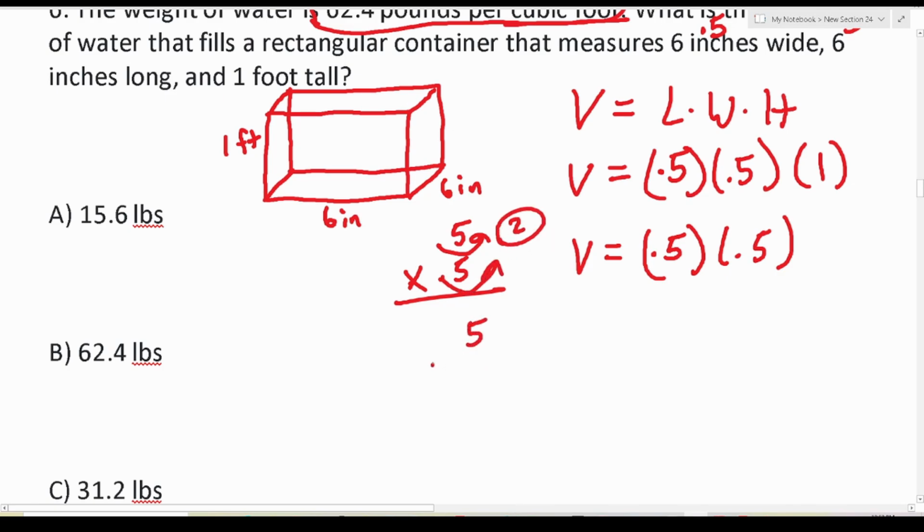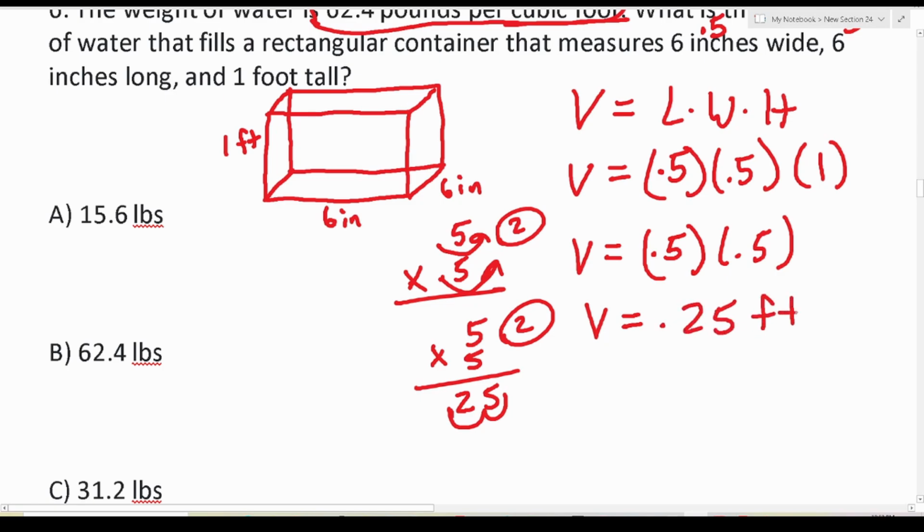So this is 5 times 5, albeit with 2 decimals to shift back into the left when we're done. 5 times 5 is 25. Shift those 2 decimals to the left, 1, 2. So the volume of this rectangular container is 0.25 cubic feet.